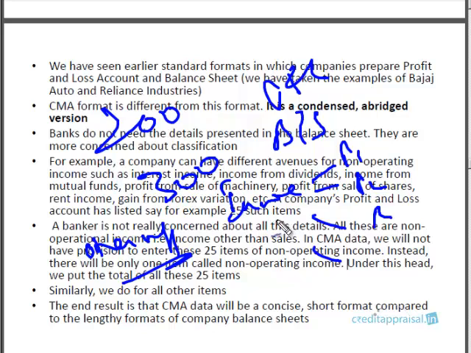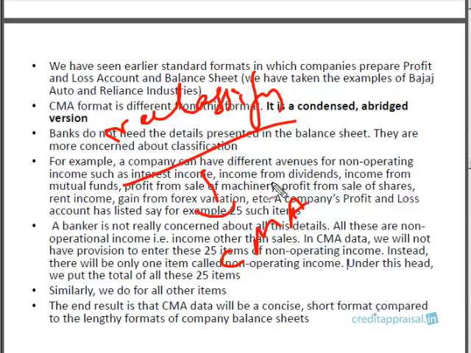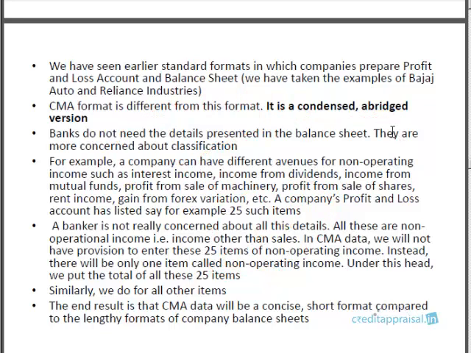See, what CMA data does is it clubs them under various important categories. We don't have space for many categories. We club them into key important categories and then we reclassify, right? What we do is reclassify the P&L and balance sheet of the company into this particular format known as the CMA data. So the output is finally a short, condensed format, which is more amenable to financial analysis. So that is what you need to know about CMA data, right?